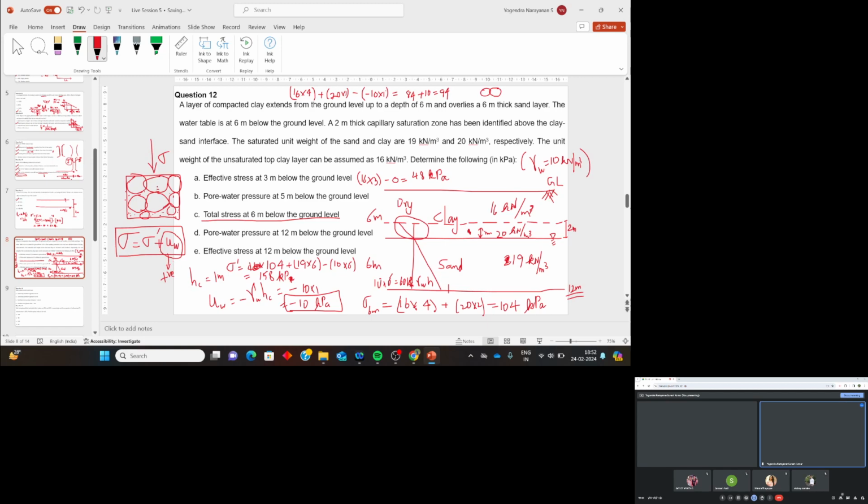Whereas in case of capillary action, where water is in tension, it will tend to increase the stresses through the grains. So pore water pressure will be negative.